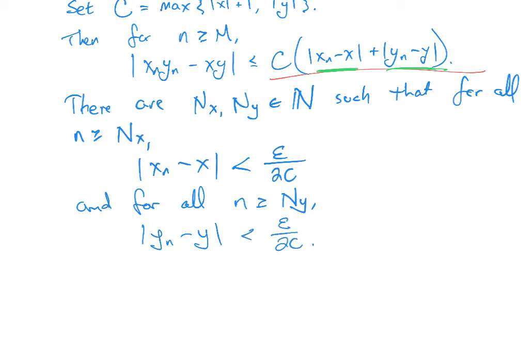Shouldn't we pick these n's greater than M so that this inequality is going to hold? Oh. I don't need to right now. Okay. But I do need to by the end. Okay. So now I'm going to set capital N to be the max of everything.